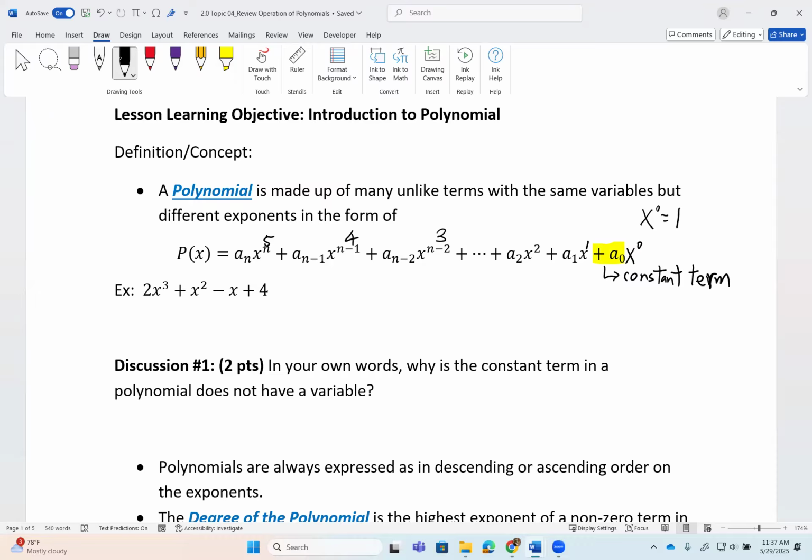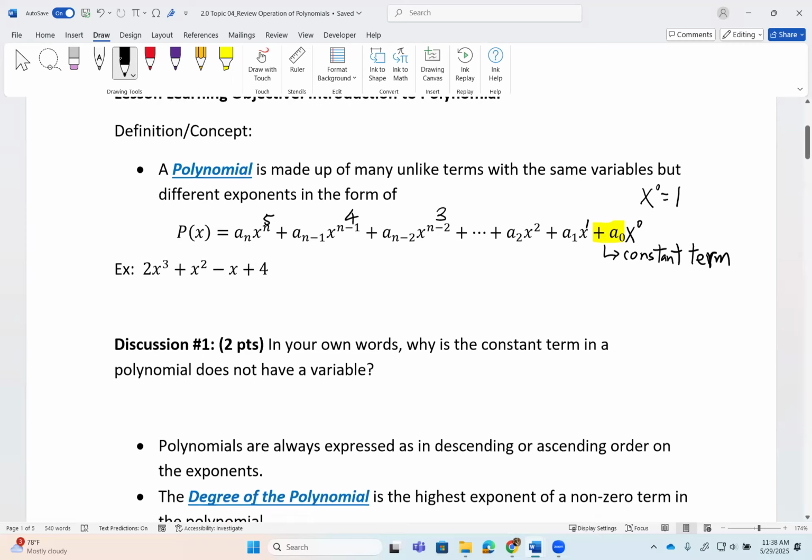So for example here, 2x to the third power plus x squared minus x plus 4. So this is an example of a polynomial where every term uses the variable x and your exponents are written in descending order. Okay. So these a sub n and a sub n minus 1 are just coefficients. Okay. What's above all the variable x are your exponents.